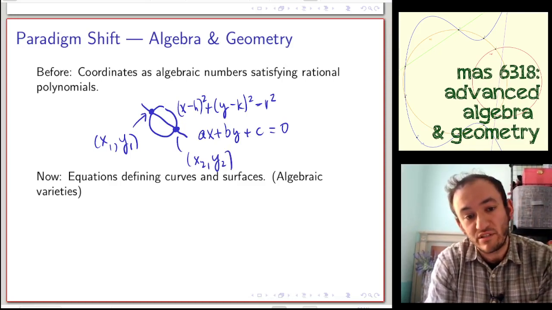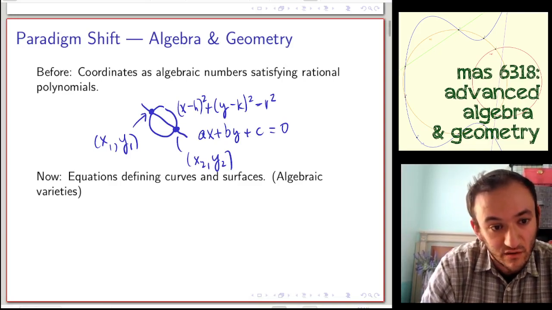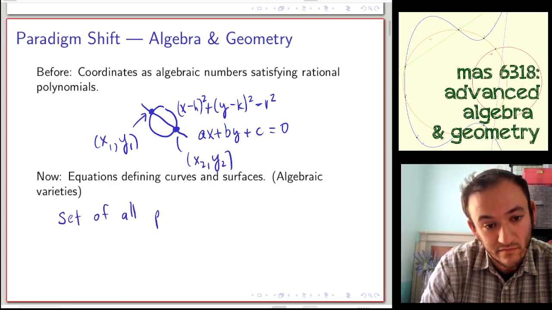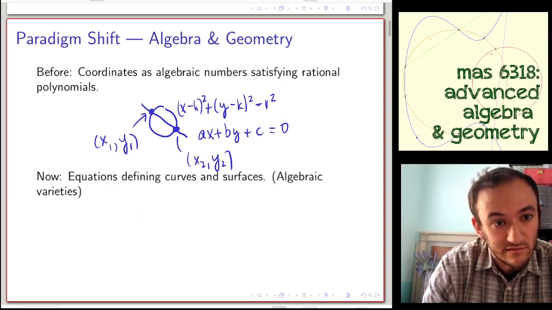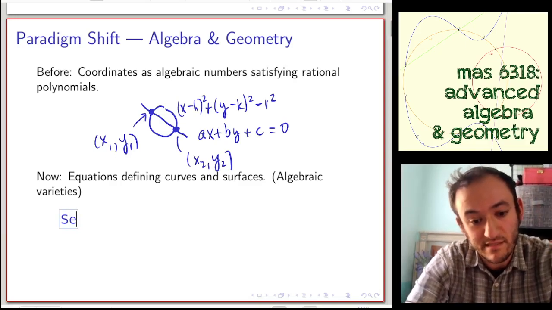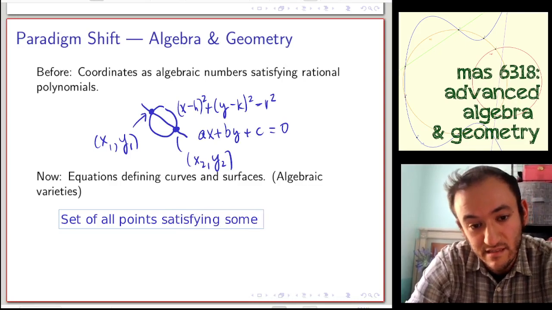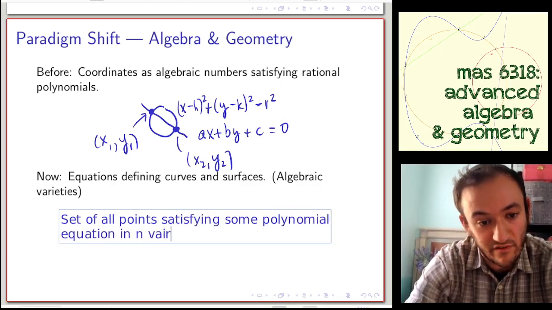But now we're going to talk about equations defining curves and surfaces. In particular, we're looking at the set of all points satisfying some polynomial equation in n variables.